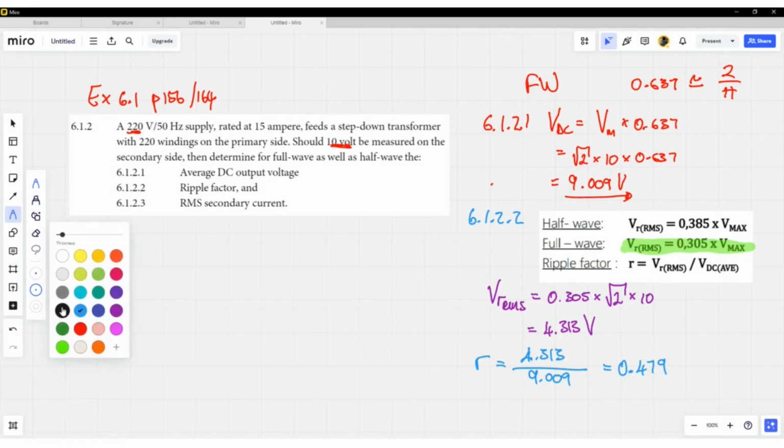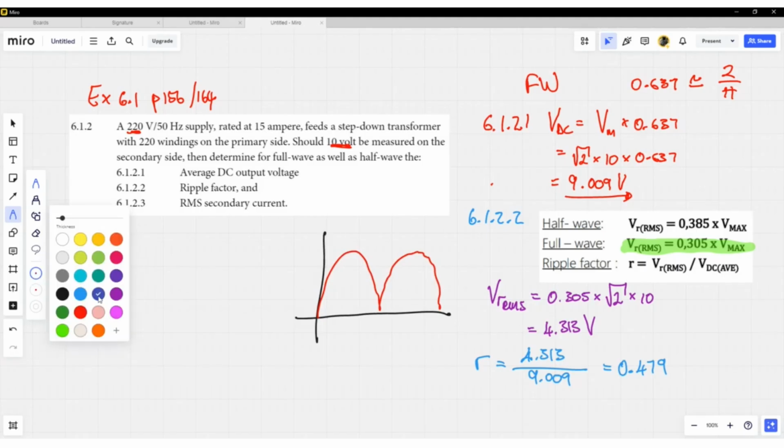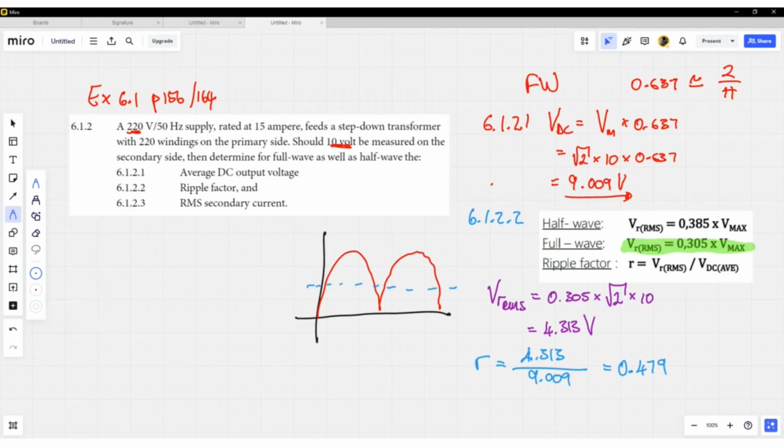So essentially what we're sitting with here, remember this is unfiltered, so our waveform is going to look something like this for a full wave rectifier. Now essentially what that RMS ripple is, if we take the average, so if we say that's the average there, which is going to be VDC, and we shift that down as our zero, then we calculate what the RMS is of that.